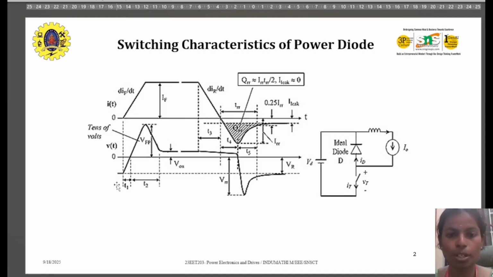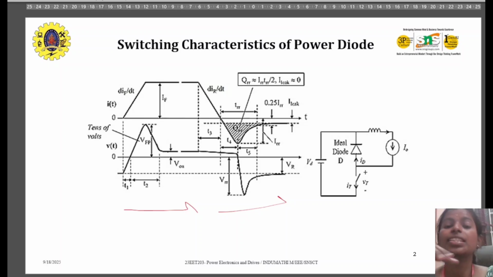So here switch on is T on. So this is your T on here. Here we have T on and T off as well. So first, turn on characteristics. When forward bias is applied, there is a small delay before the current rises. That is because of minority carrier injection.